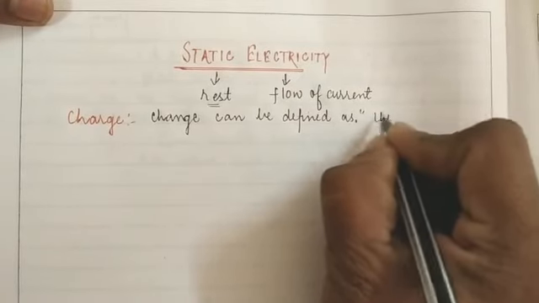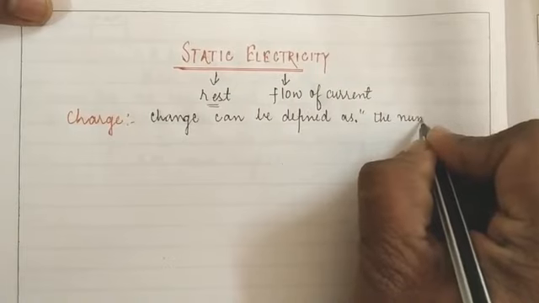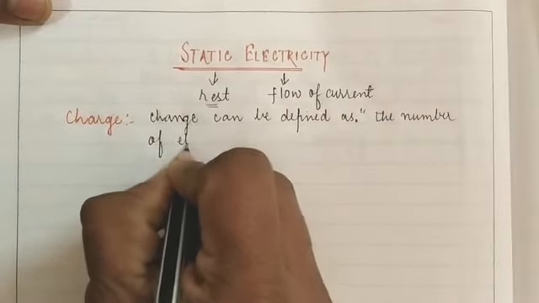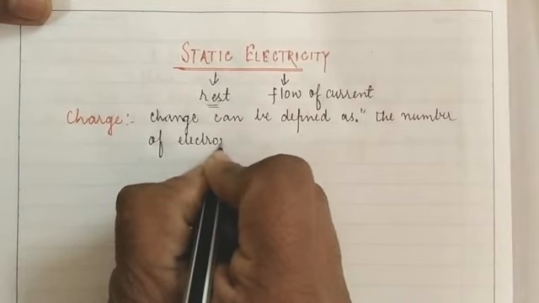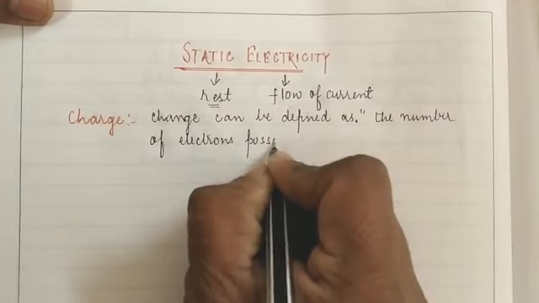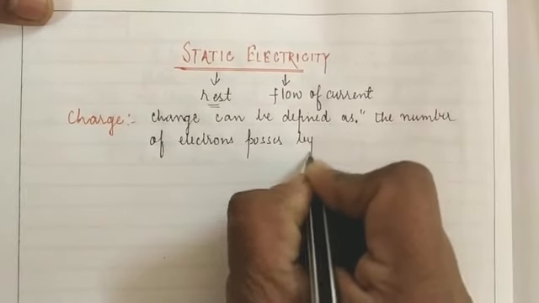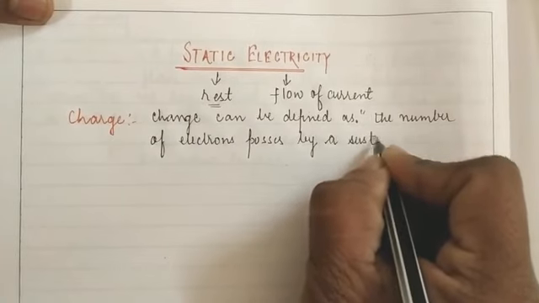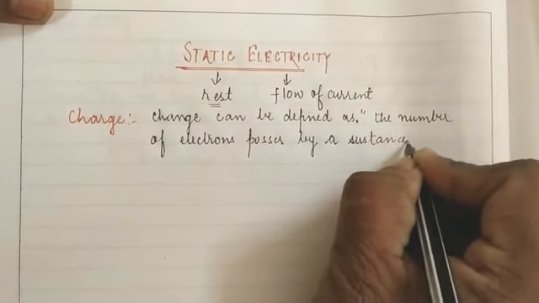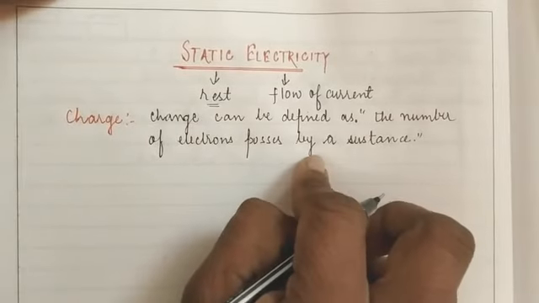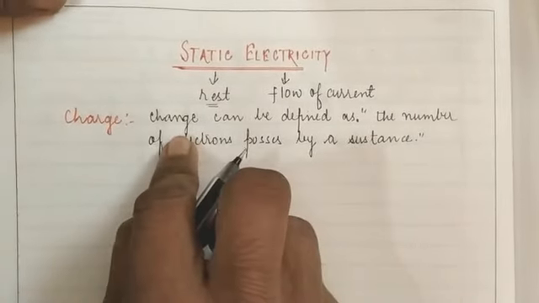Charge can be defined as the number of electrons possessed by a substance. If a particle has a certain number of electrons possessed by it, then we can say that it is charged.